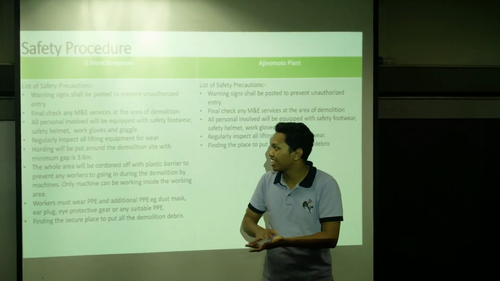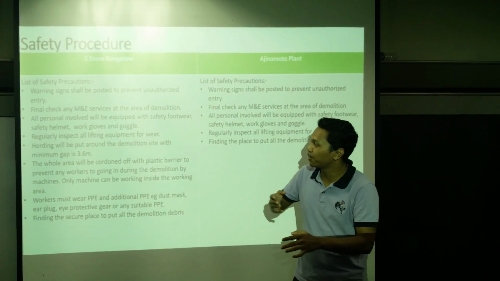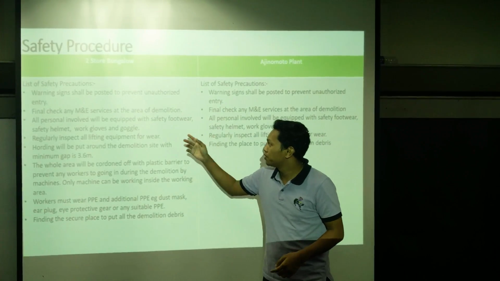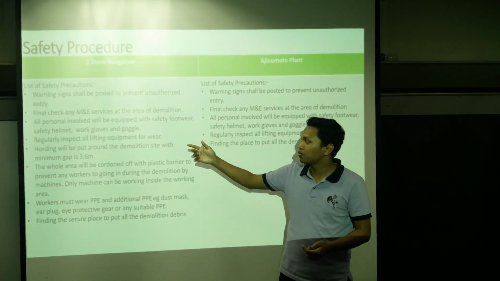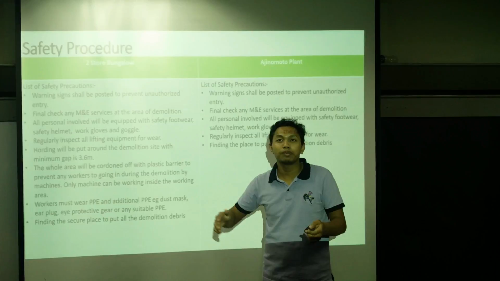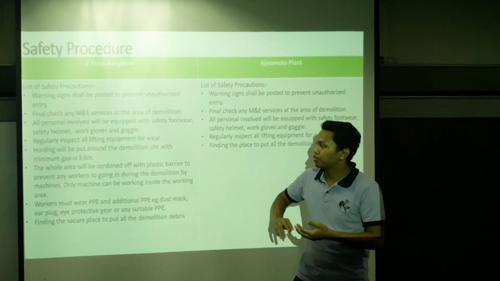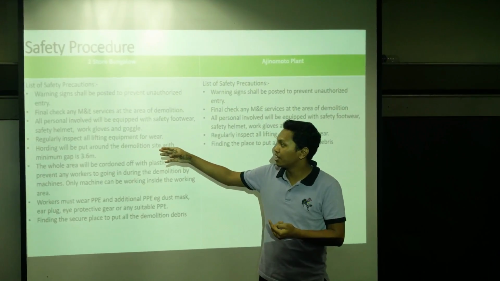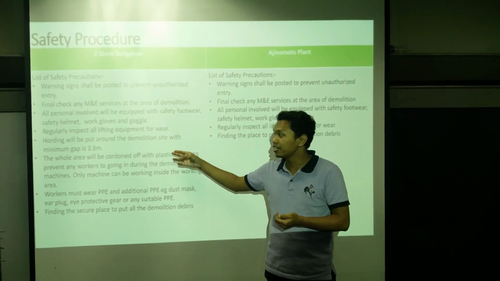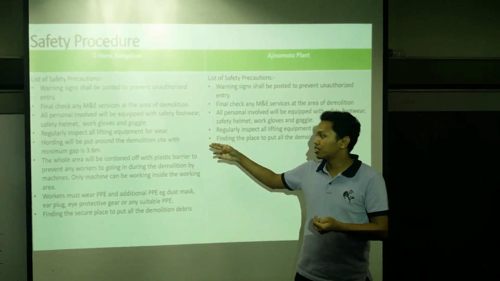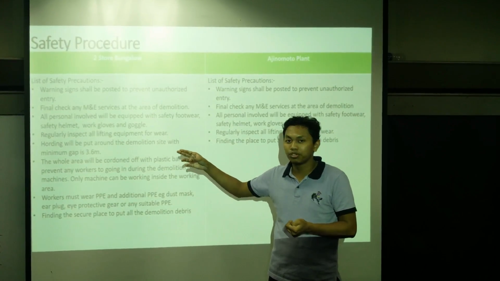Next, our personnel involved will be equipped with safety footwear, safety helmet, gloves and goggles. This is to prevent any incident at the site. They have to inspect all the equipment for wear, and hoarding will go around the site, minimum height 3.6 meters.